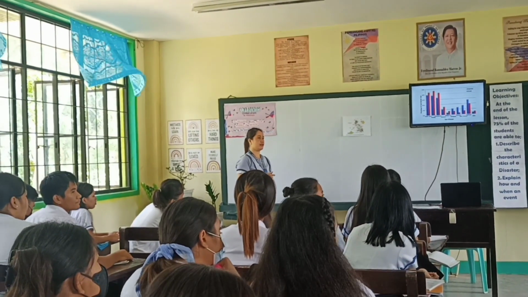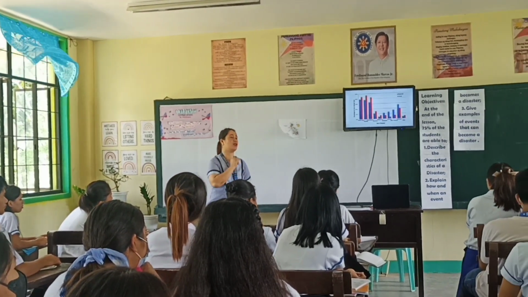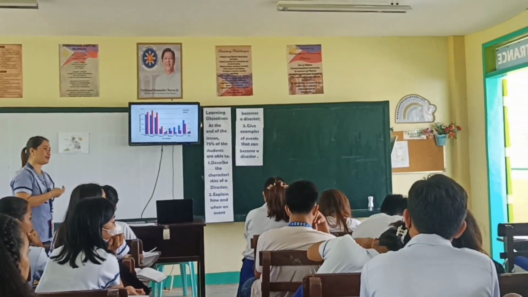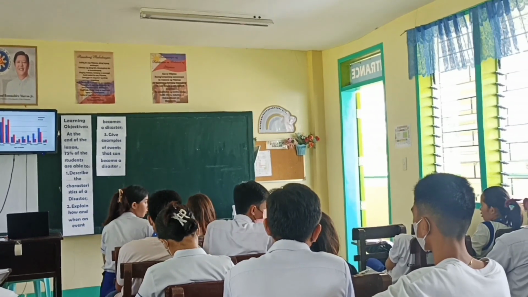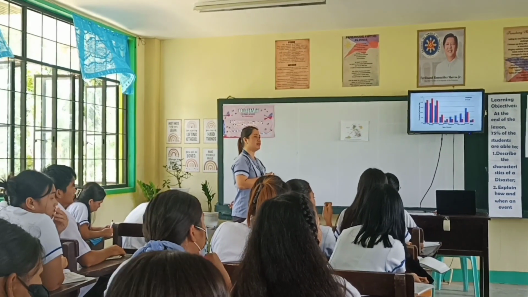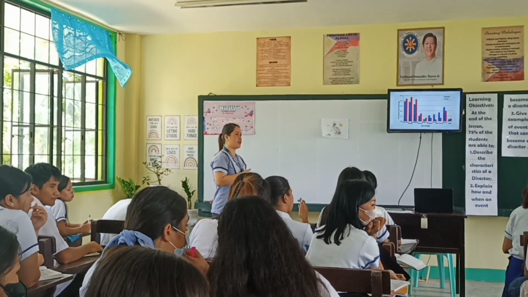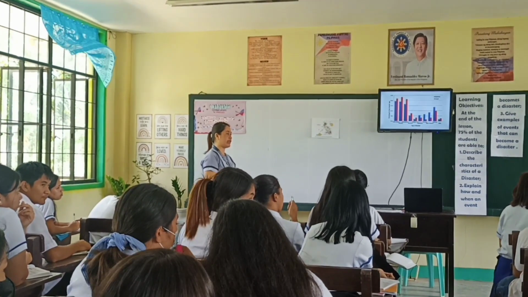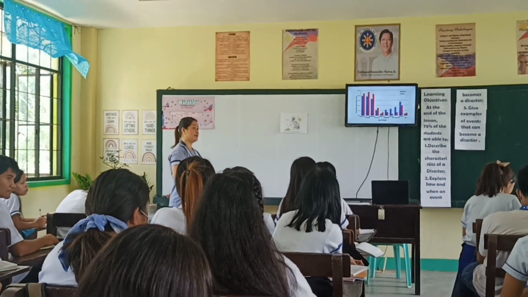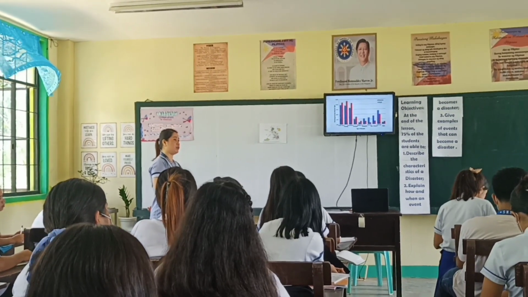Okay, is there more? Row 4. We already have row 1, row 2, row 3, so just row 4 is left, so that we can come up with our next slide. Okay, row 4. Somebody from row 4? Okay. Can you describe the graph presented on the slide? What do you understand from looking at the picture?